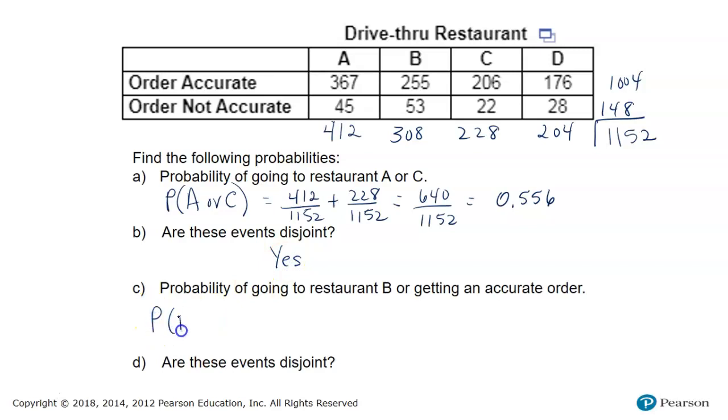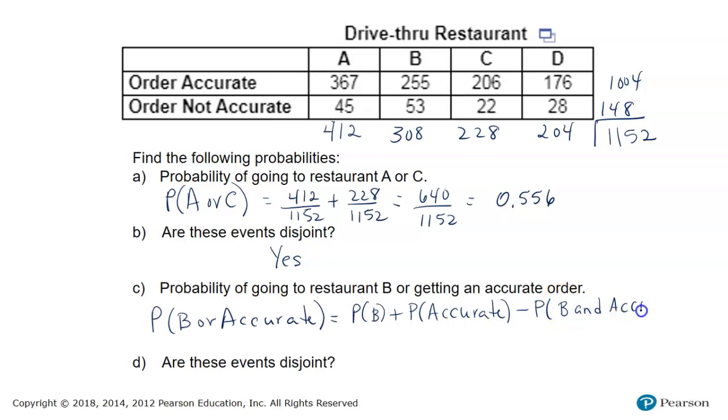This one we want the probability of going to restaurant B or getting an accurate order. Okay, so we want to look at the probability of B plus the probability of an accurate order minus the probability of both B and an accurate order. Okay, so probability of B would be 308 out of 1152.